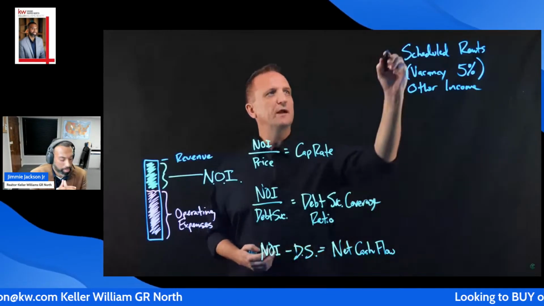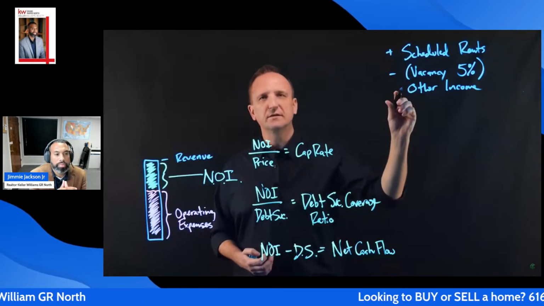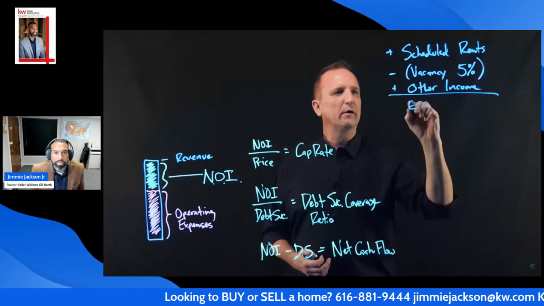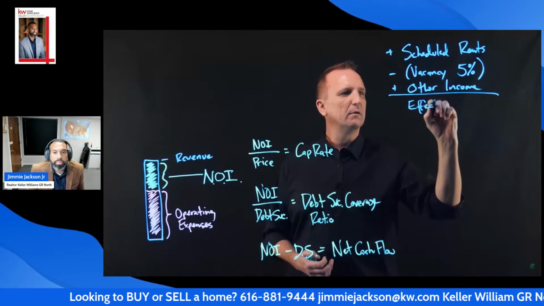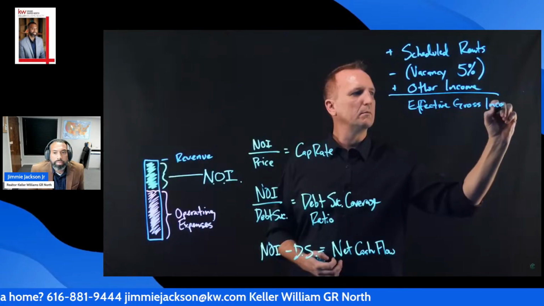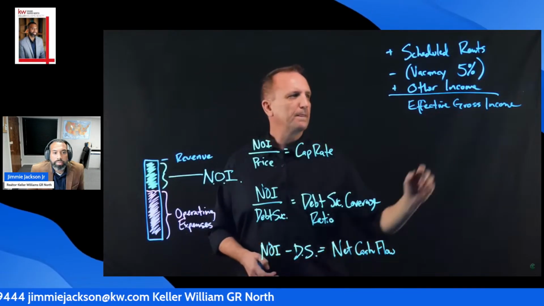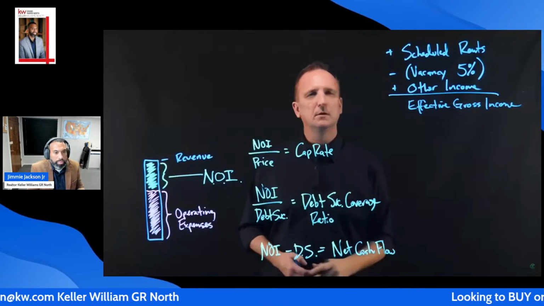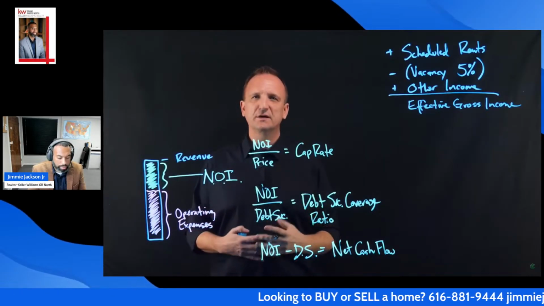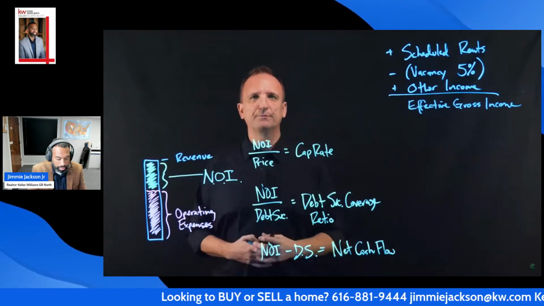If we add these, and subtract the vacancy, we get our effective gross income. Effective gross income, or EGI, is basically our net revenue number.